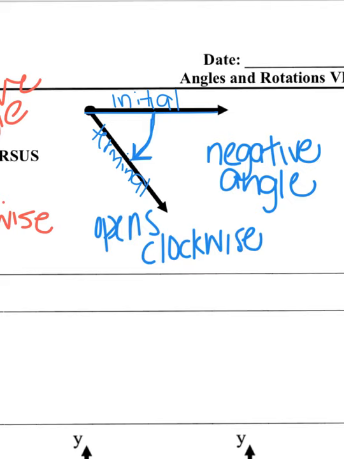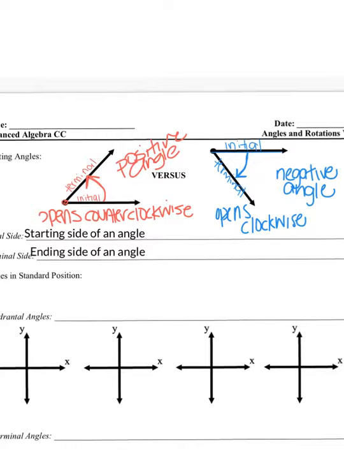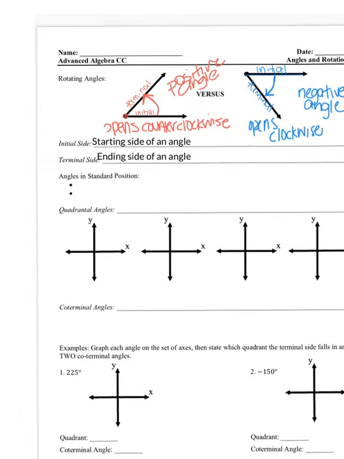Okay, you really don't hear me talk too much about the initial side because it's going to be the same spot every single time. The terminal side is where your angle ends, okay? So angles in standard position, it's always going to be the case that we're going to talk about. We're never going to talk when it's not in standard position.